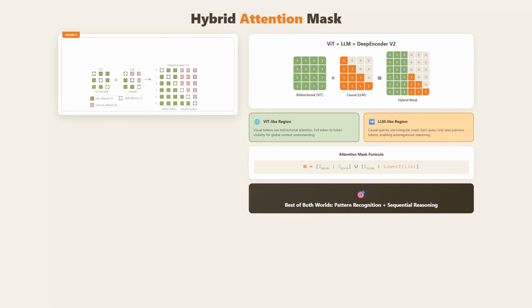The formula looks complex, but the intuition is simple. Visual tokens get pattern recognition through bidirectional attention. Causal queries get sequential reasoning through unidirectional attention, and the cross-attention between them bridges both capabilities. This elegant design achieves the best of both worlds in a single forward pass.